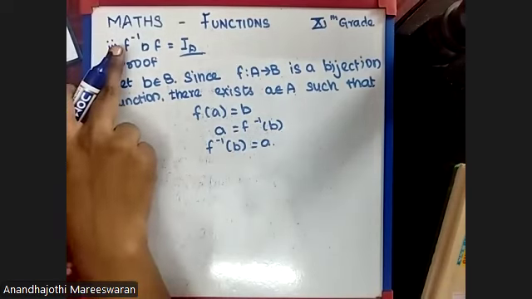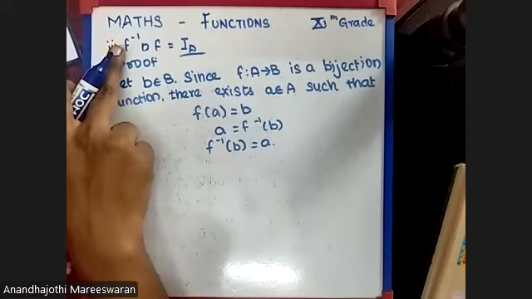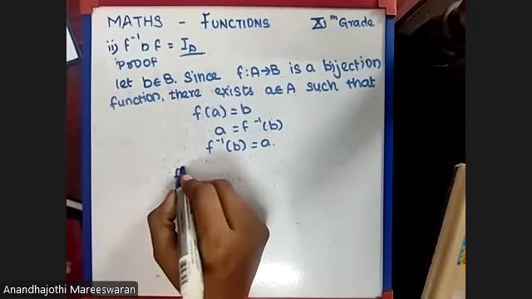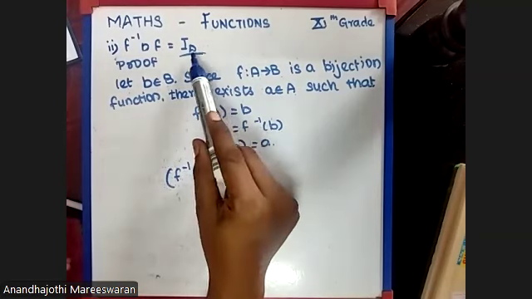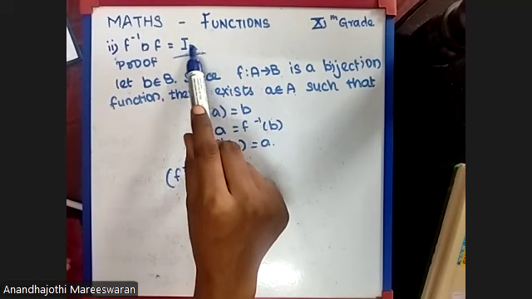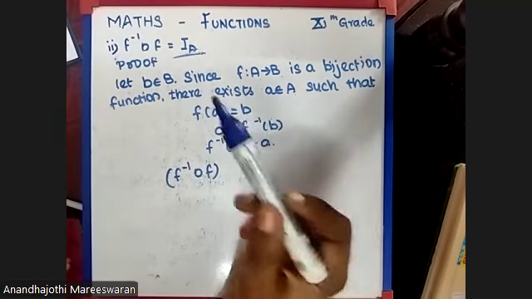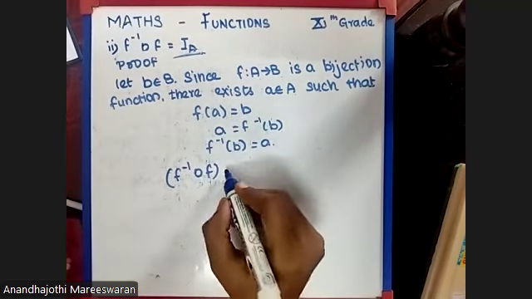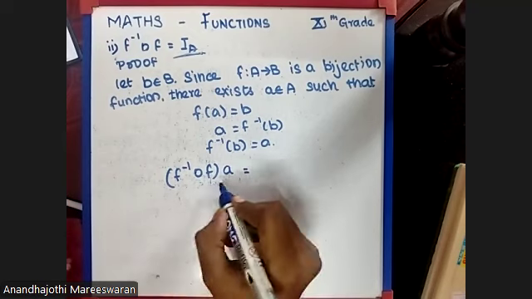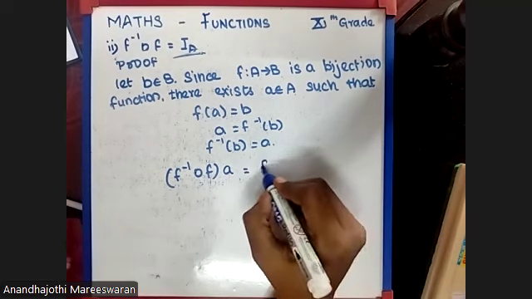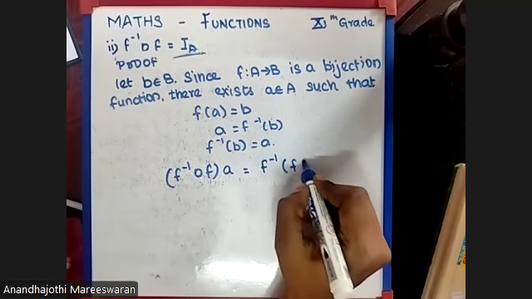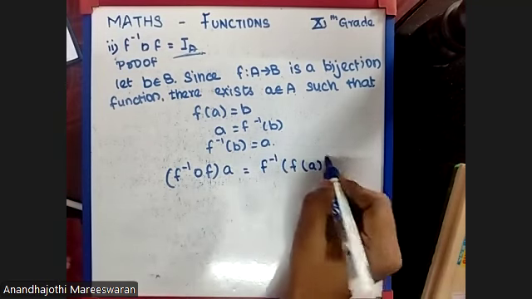Now we are going to substitute a random element in this function, f inverse circle f. What are we going to prove here? That it's the identity function of A. So I'm going to substitute the element a. We can expand f inverse circle f of a as f inverse of f of a.